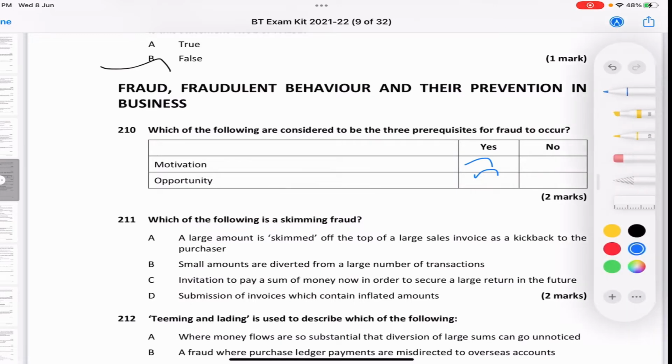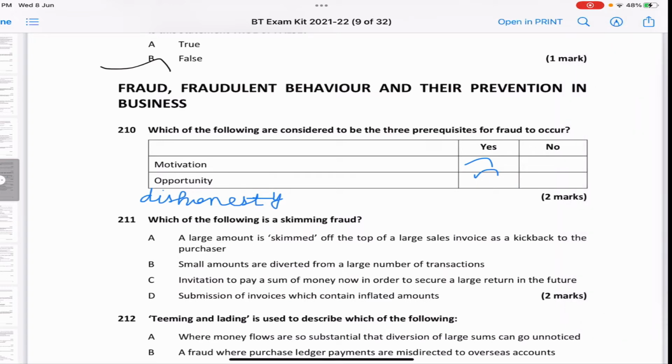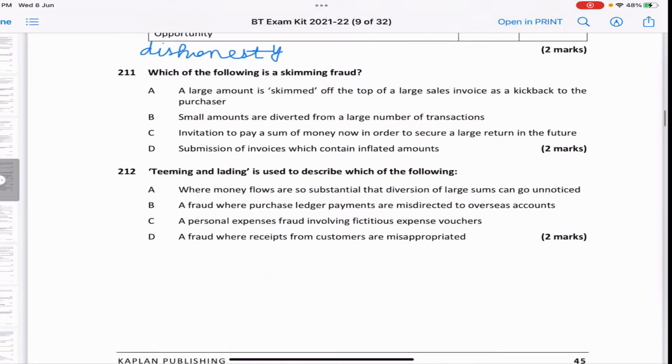You remember the third, this was the third prerequisite, if you can recall, dishonesty. So the employee needs to be motivated, the employee must be having that opportunity, and the employee must be dishonest in order to commit a fraud.